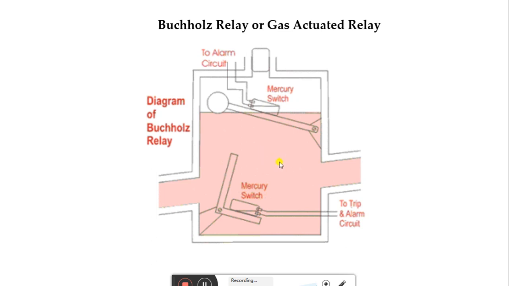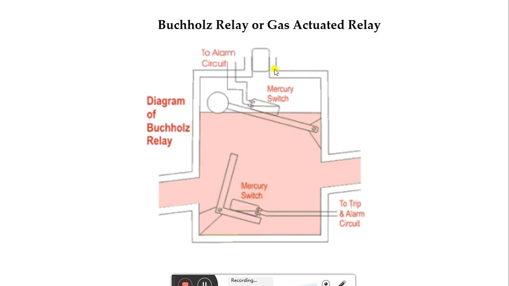At the same time, if there is any fault outside the transformer and heavy current flows through the winding, heat is developed inside the transformer and the oil will be heated up, so there will be a formation of gases, and these gases will try to actuate the mercury switches so that the trip alarm can be extended to isolate the faulty system.